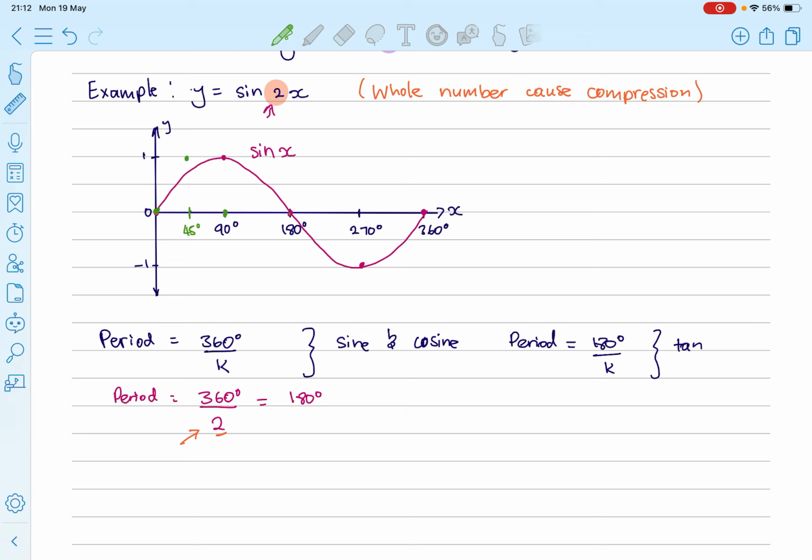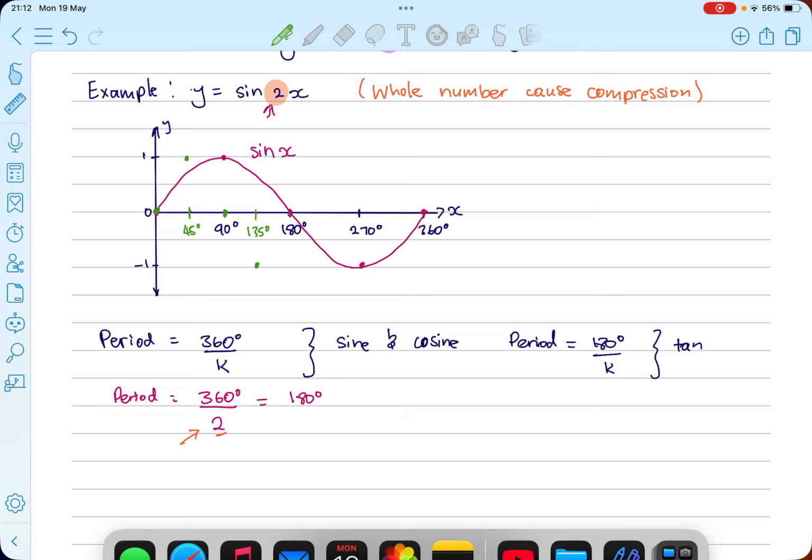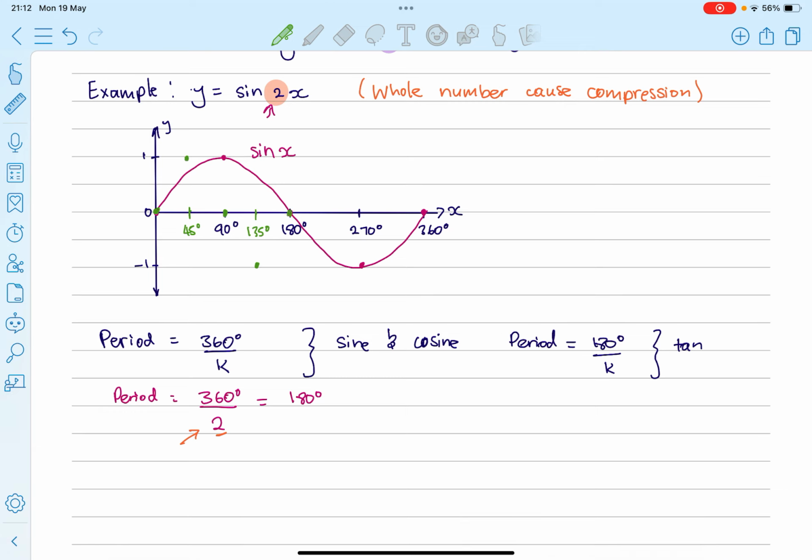And then the other critical point was 270. When you divide that, you get 135, and it's somewhere over here. And the y value is at -1, meaning that our point is now here. And then 360 was at 0, so divide that by 2, you now are at 180, and y is still 0. So joining all these coordinates, they now look like this.